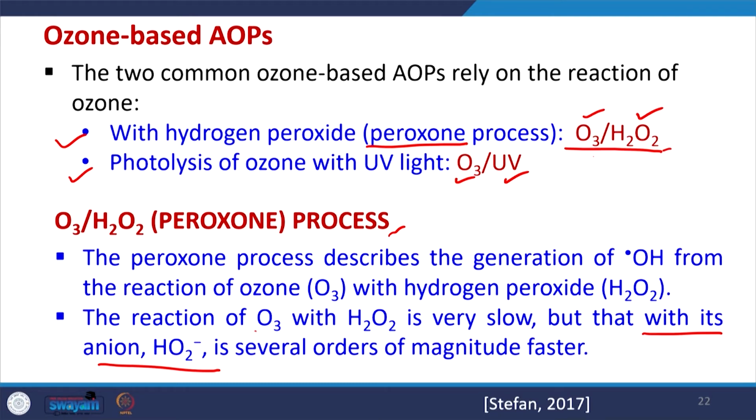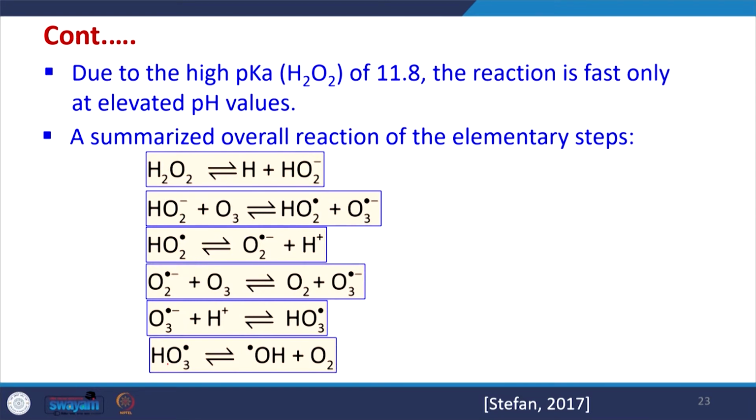Due to the high pKa of H2O2, which is around 11.8, the reaction is fast only at elevated pH. So, if any wastewater has a pH around 10 or 12, then under those conditions the reaction of ozone with H2O2 will be very quick.